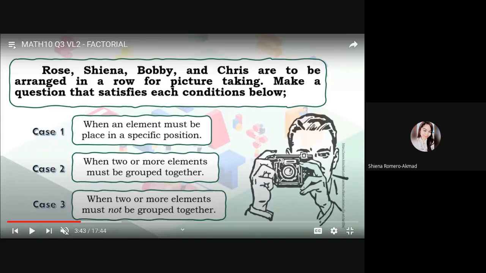Ano po? Anong answer mo? Sheena, Bobby, Chris. Ano? Si Sheena, Bobby, tsaka si Chris?